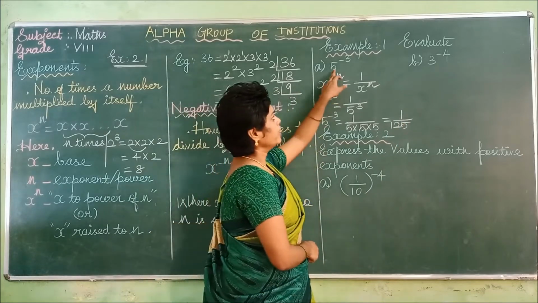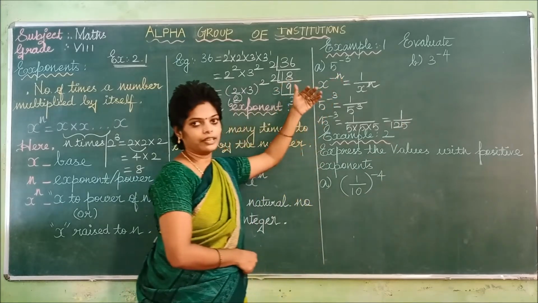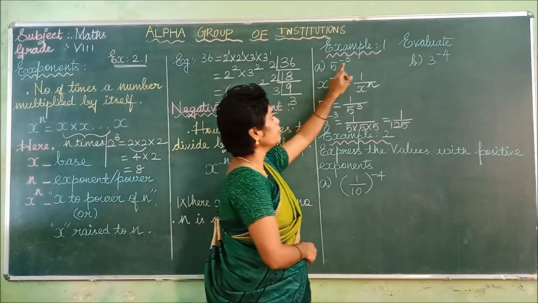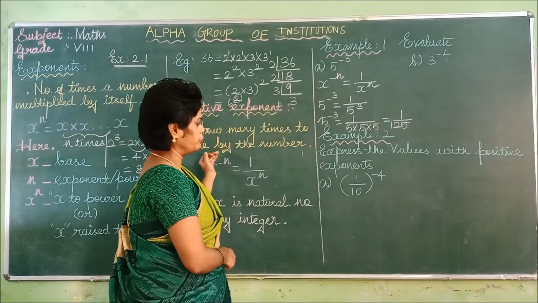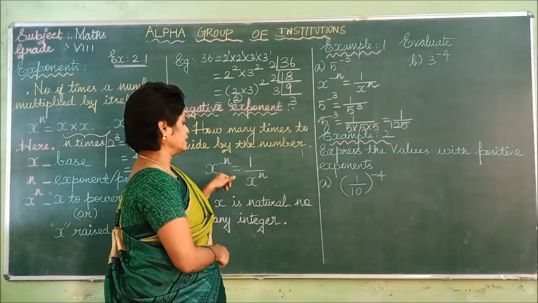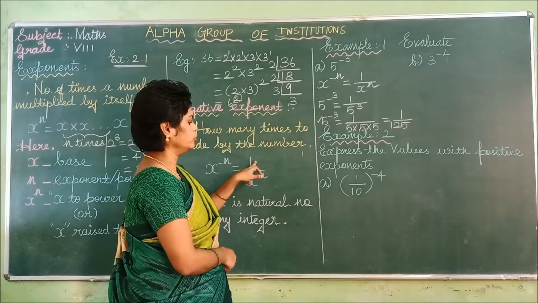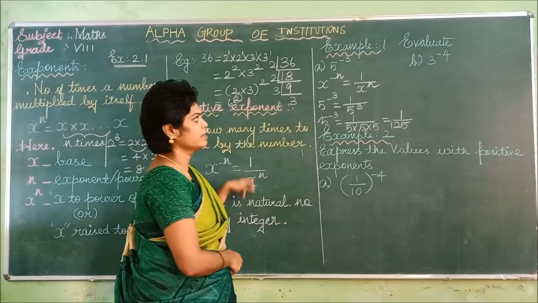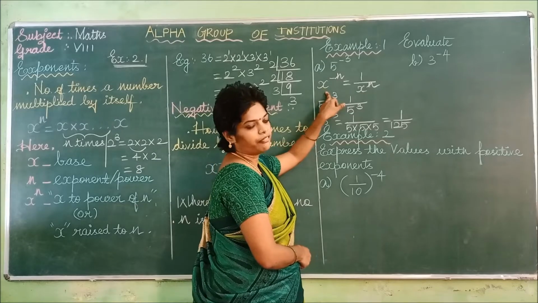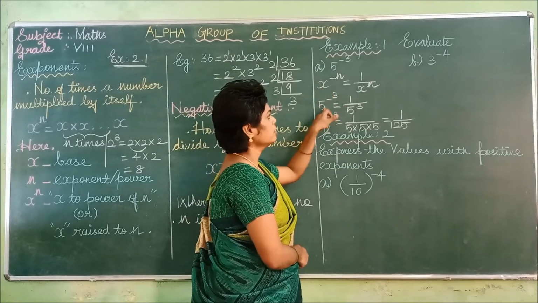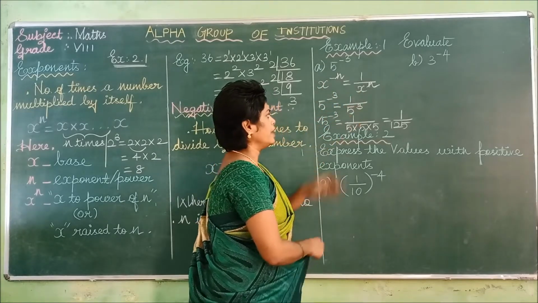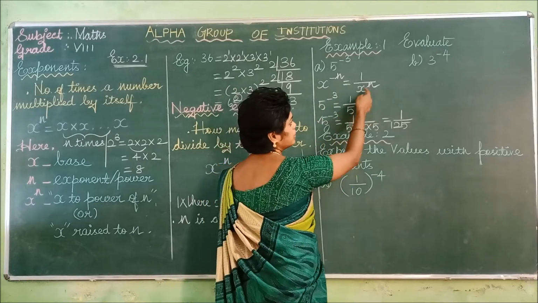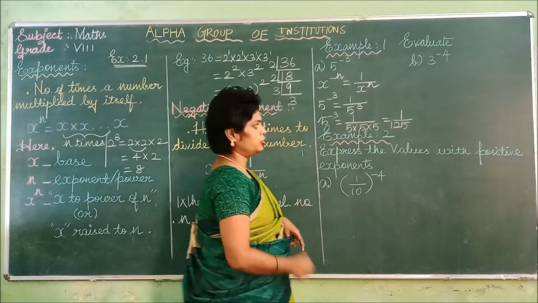So listen carefully. We can check what formula we can use in the problem. 5 to the power minus 3 is the negative exponent, so you can use this formula: x power minus n is equal to 1 divided by x power n. Write that formula first, then write the question. So you can interchange and write the value. Negative means it comes as a division, it becomes a positive.